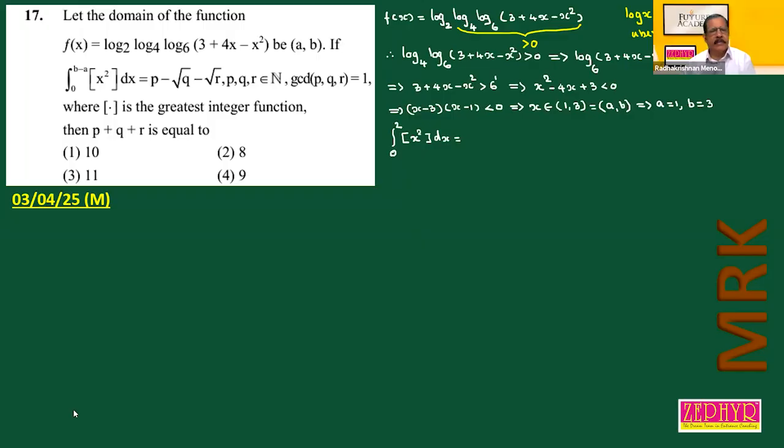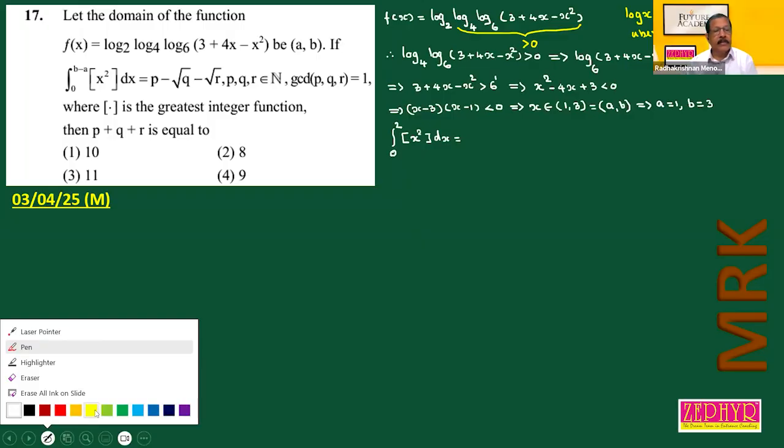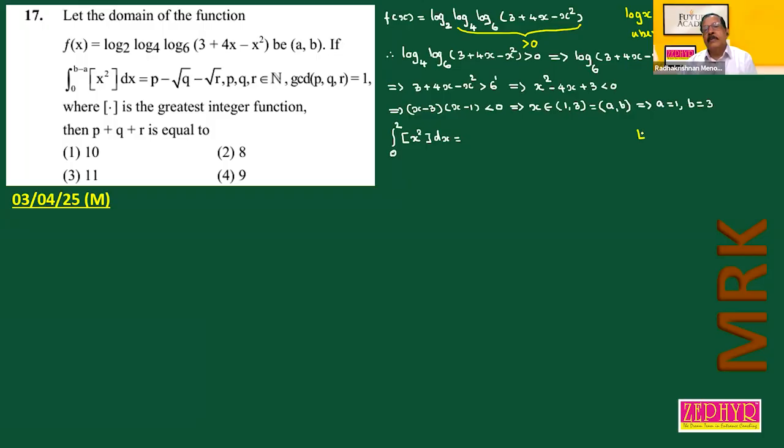So always remember, integer part of x is not integrable or differentiable when x is an integer. Integer part of x is not integrable when x is an integer.